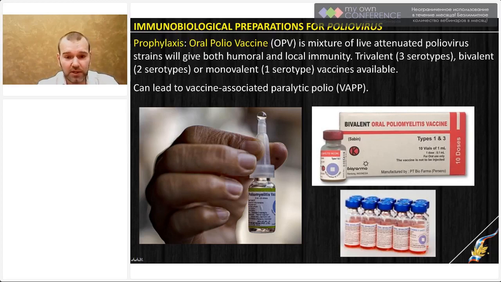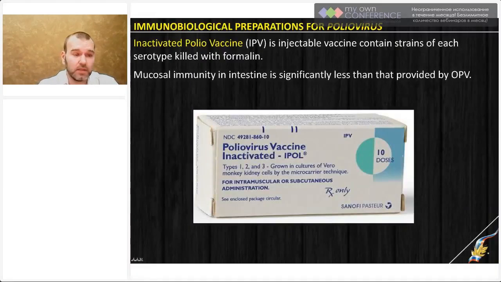But the main disadvantage of that vaccine is vaccine-associated paralytic polio, which is known as VAPP, when kids after vaccination have reactivation of the virus in their body and they have paralytic disorders because of the vaccine. Because of that reason, the oral vaccine is prohibited in some countries, and use of that vaccine is limited nowadays.